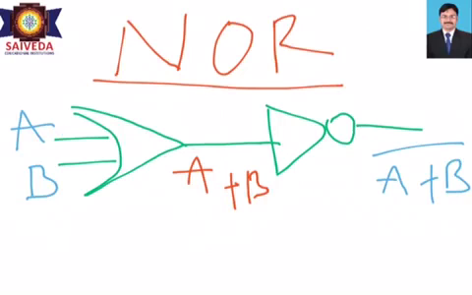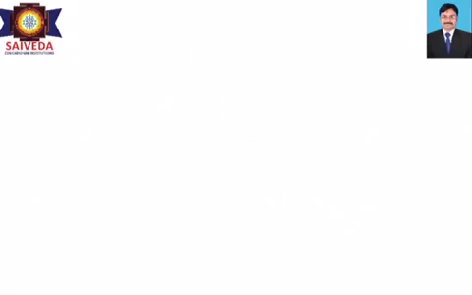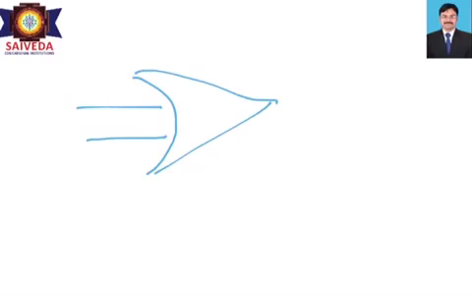Instead of writing the OR gate and NOT gate separately, I can take one symbol. If you observe the combination of OR and NOT, what we can write is just one circle in front of this OR gate, and if you draw it like that, it is called the NOR gate.